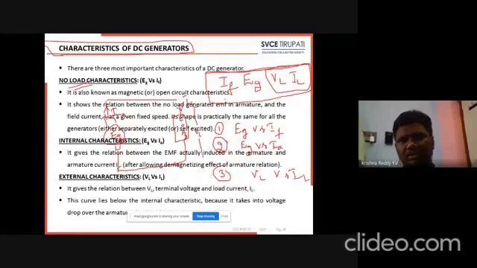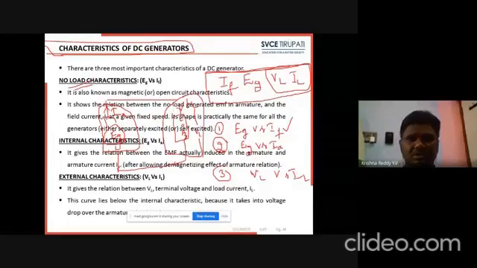When you plot the graph between EG versus IF, it is no load characteristics or open circuit characteristics. When you plot EG versus Ia, these are internal quantities, that's why internal characteristics. When you plot VL versus IL, these are external quantities, that's why these are named external characteristics.